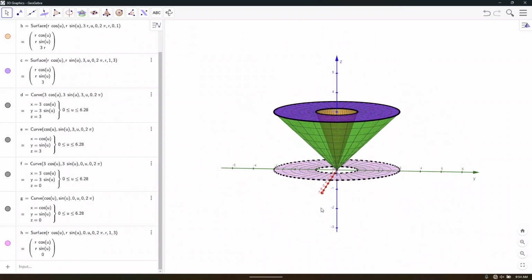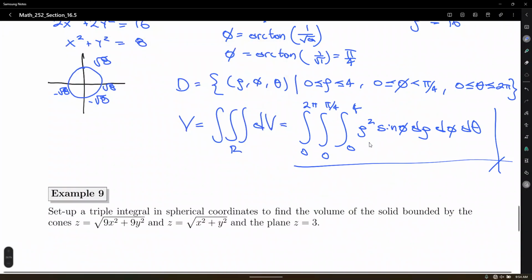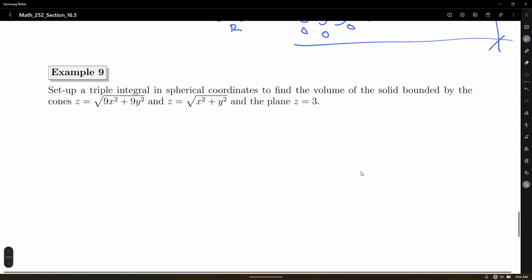All right, now we have a bunch of stuff to do for this one. Okay, so let me go back to the notes. Number one, I would like to draw the region of integration onto the xy plane, but I would need to get these two equations algebraically first of all.